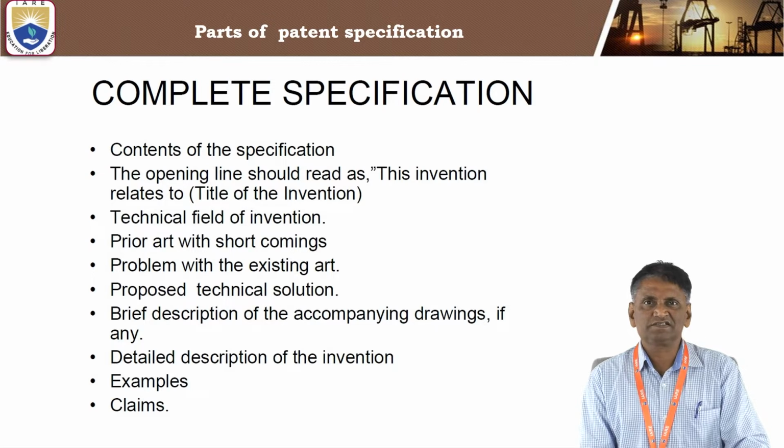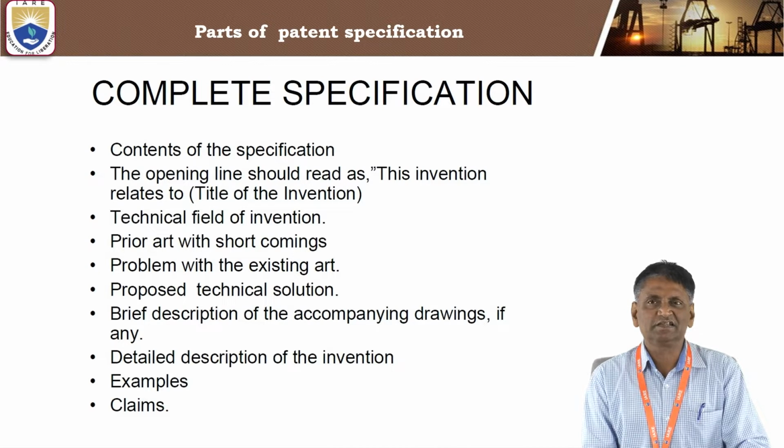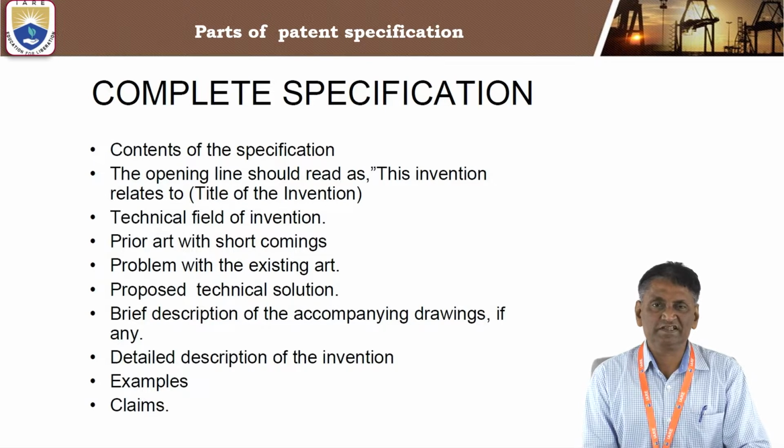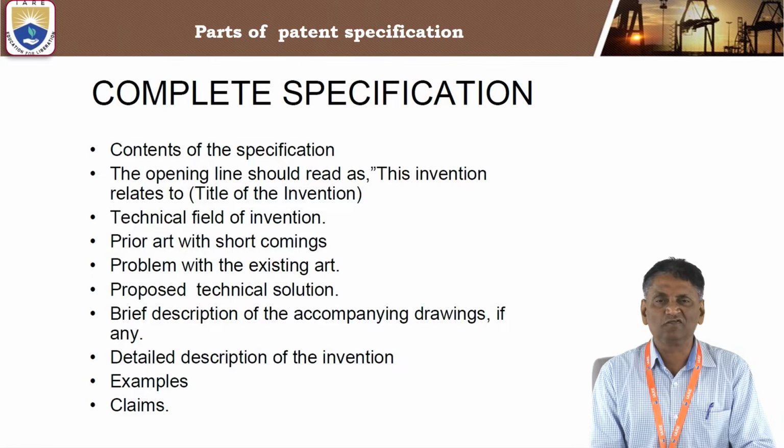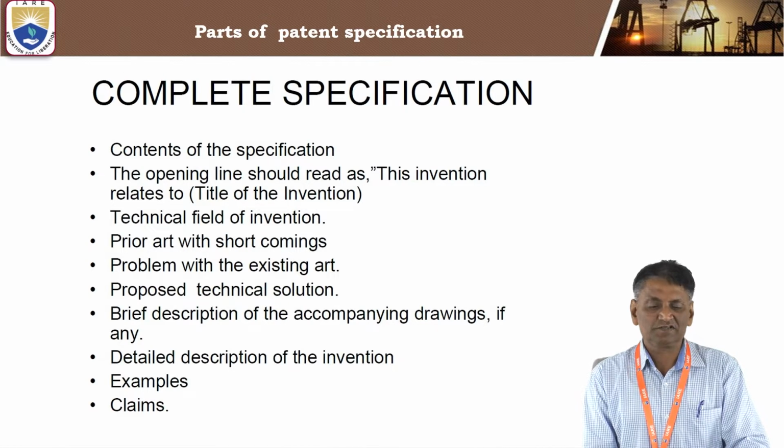In the specification, the first item is the title. The title shall not exceed 15 words. The title of the invention shall also indicate the field of technology, so that search will be easier, and also for allocation of work, for this patent to go to a particular examiner in the patent office.